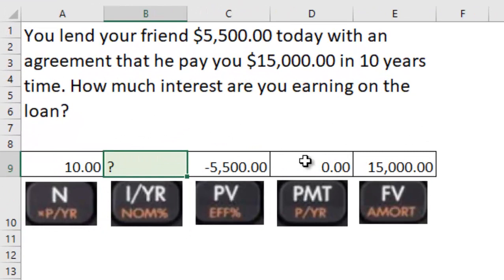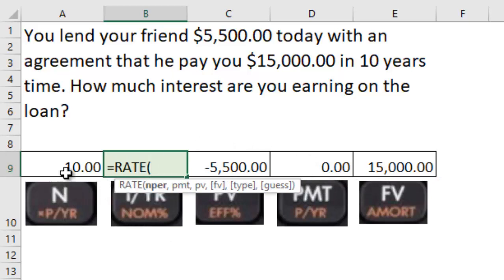So let us punch it in. Equals rate. Number of periods? 10. Payment? 0. Present value. You'll see we can't type there.